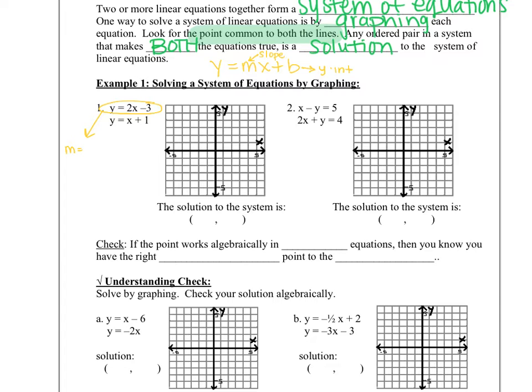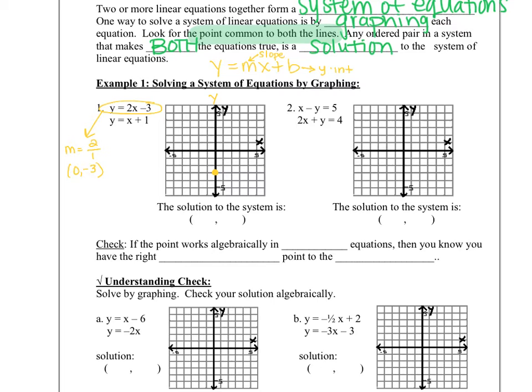The slope would be 2 over 1, and we always want to use it as a fraction because it's rise over run. So it's going to go up 2 over 1. But where is that graph going to start? It always starts on the y-axis, at the b on the end. So it's going to be 0, negative 3, which would be right here.